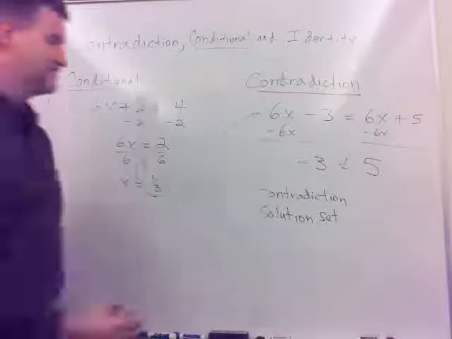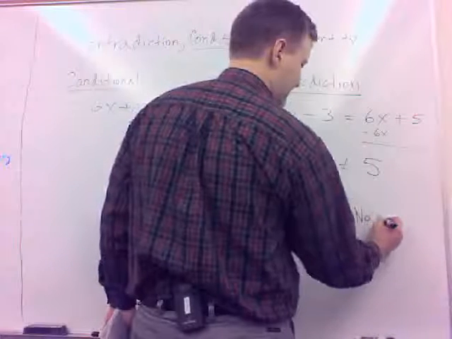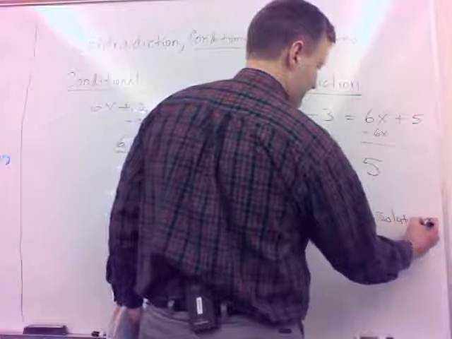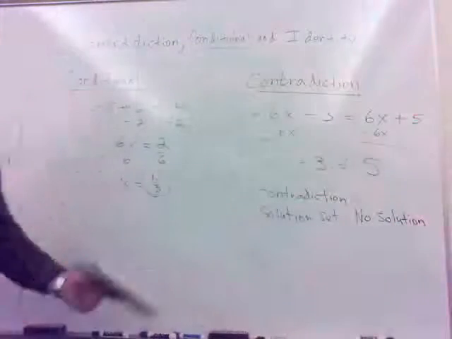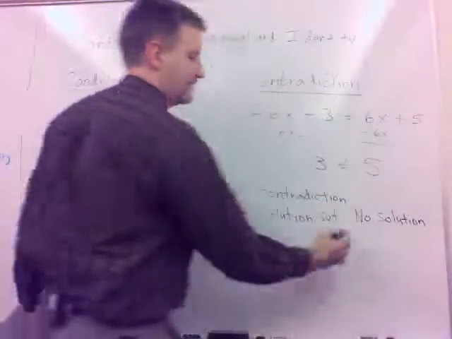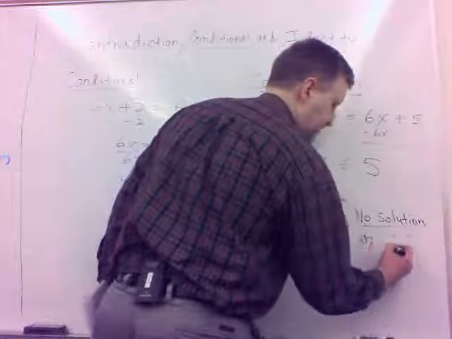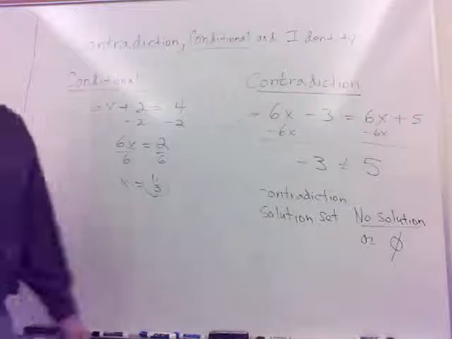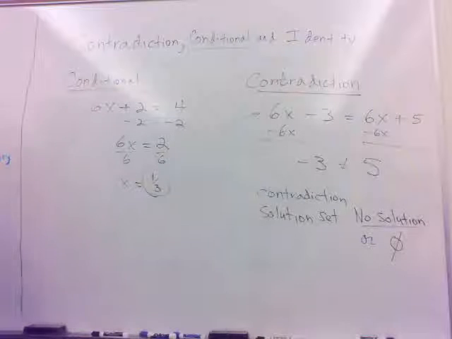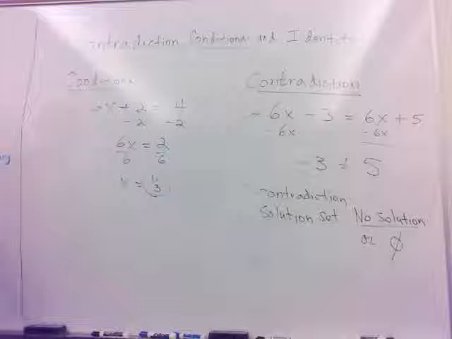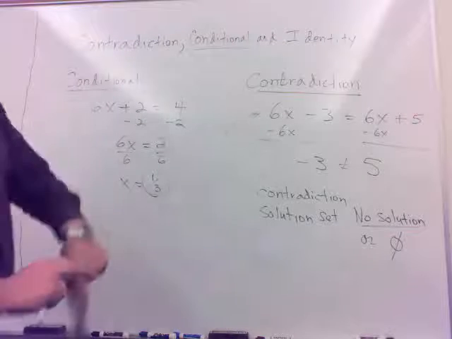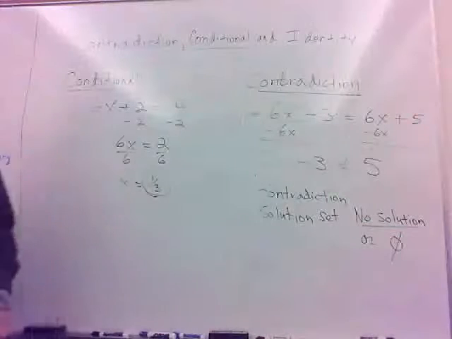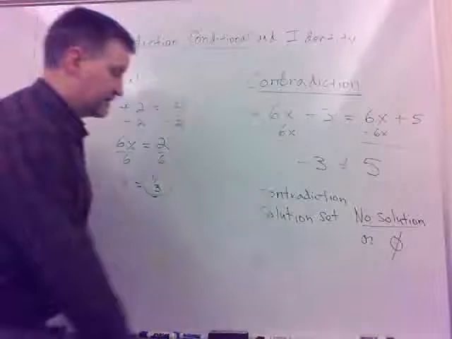There is no solution, so it's sort of a trick question. The solution set is there is not one. There's no solution. Or sometimes you might see this little symbol, 0 with a slash through it. It's called the empty set symbol. That could be an alternative answer for this particular problem. So a contradiction is one where you solve it and it winds up having an answer that just doesn't make sense.